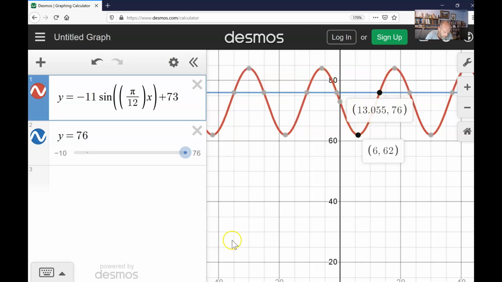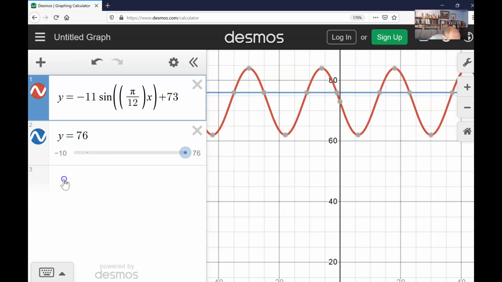Now if we go back to the problem, it says the average daily temperature first occurs at 12. So this is the average daily temperature here. We know that little distance, from negative 1.055 to the center, is going to be the same as that distance right here.